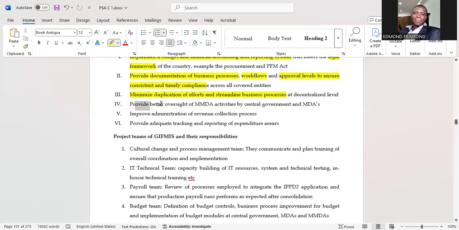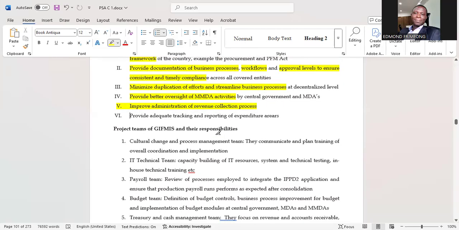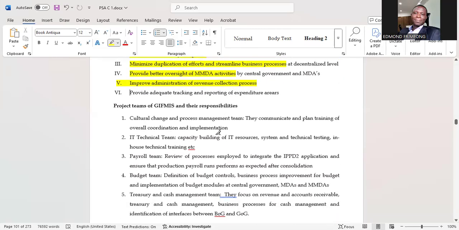Then GIFMIS provides better oversight of all MDAs and MMDAs. Through the GIFMIS system, whatever you are doing can be monitored elsewhere at the top, so you can't misbehave. It has come to improve administration of the revenue collection process, with the help of Ghana Revenue Authority and all that.